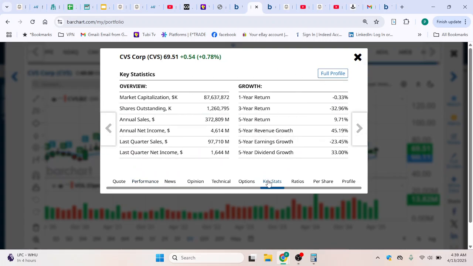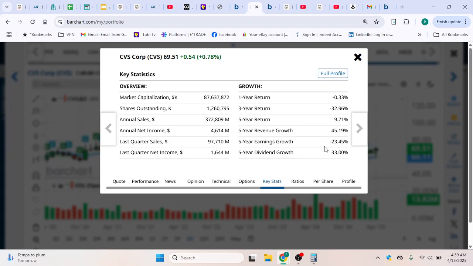Let's look at some key stats quickly. Again, growth, 1, 3, and 5 year, not great. Okay. In fact, underperformed the market over this period of time. But I like this, 5-year revenue growth. I like earnings growth is negative over the 5-year period.